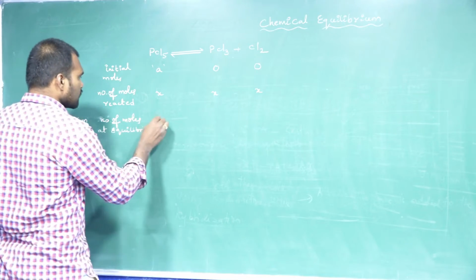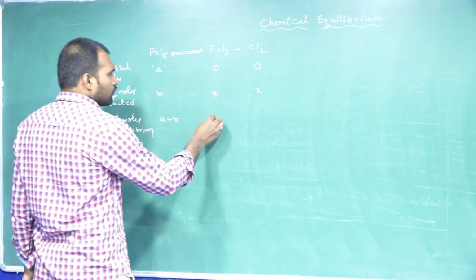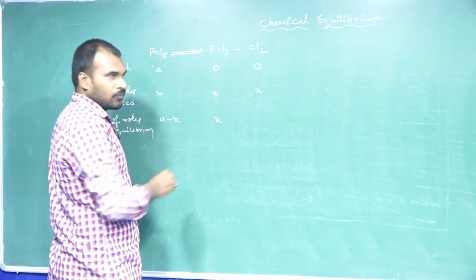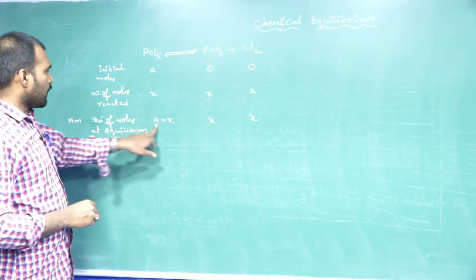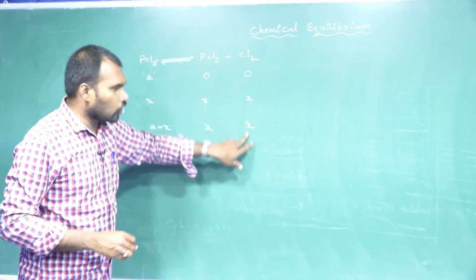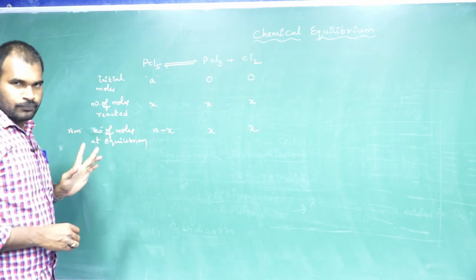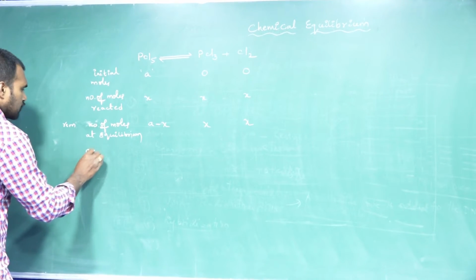So what is the remaining moles? A minus X. So here X and here X. Understood? So A minus X moles are there and X moles of PCl3 and X moles of chlorine are produced at equilibrium.